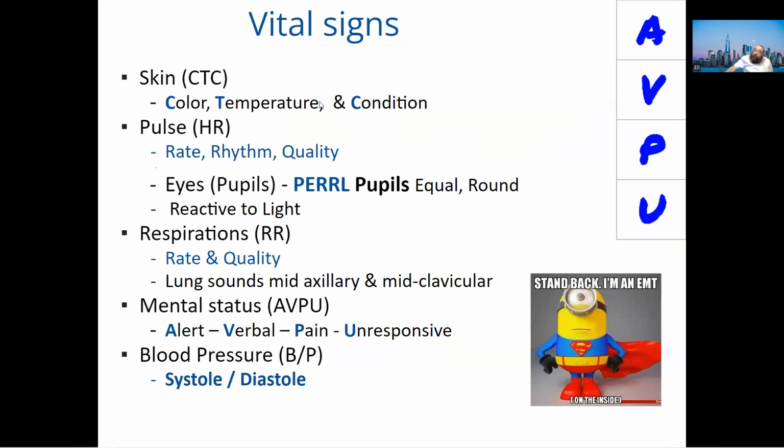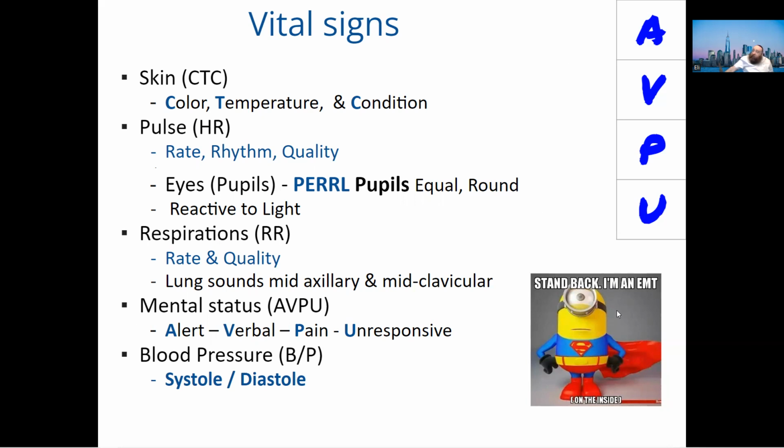So these are some of the vital signs, and again, we're going to work on these. We look at the skin, we look for CTC, color, temperature, and condition. Pulse is rate, rhythm, and quality. Eyes should be equal, round, reactive to light. Respirations will be rate and quality.